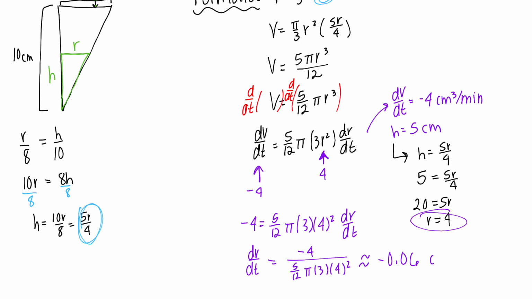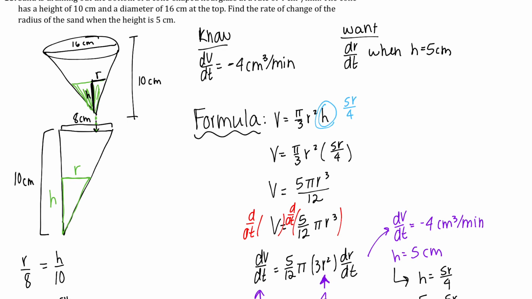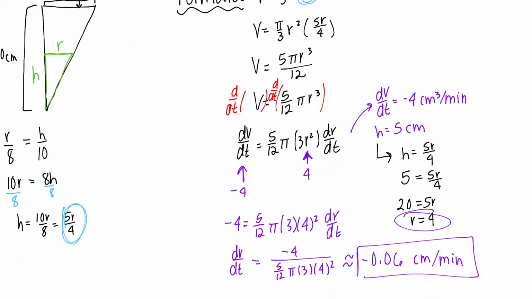Radius is measured in centimeters, so this will be centimeters per minute. And it would make sense that the radius is decreasing. So find the rate of change of the radius of the sand when the height is 5 centimeters. It would make sense that the radius is decreasing because sand is falling out of the cone.